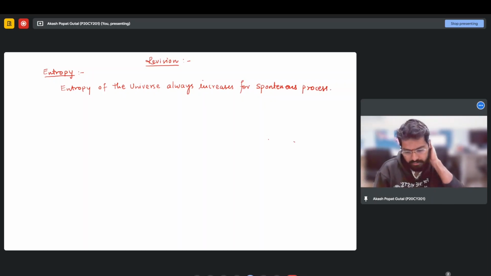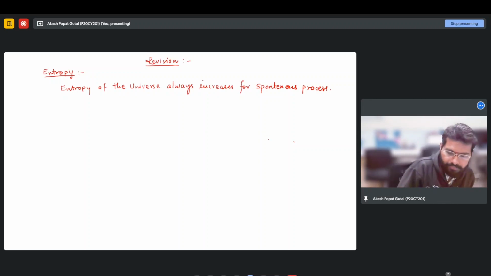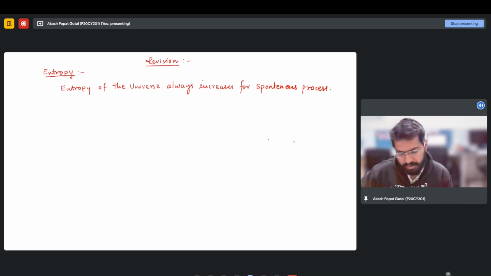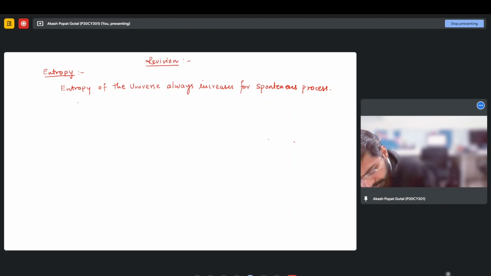So the entropy of the universe will always increase when the process happening is spontaneous. And if it is a reversible process, then the entropy change of the universe will be zero.